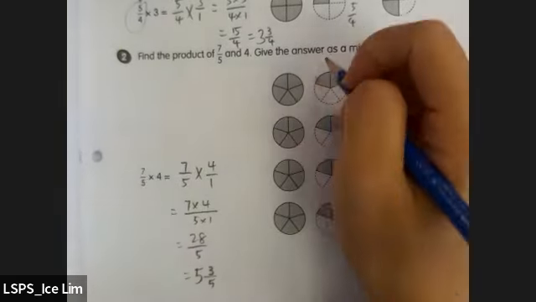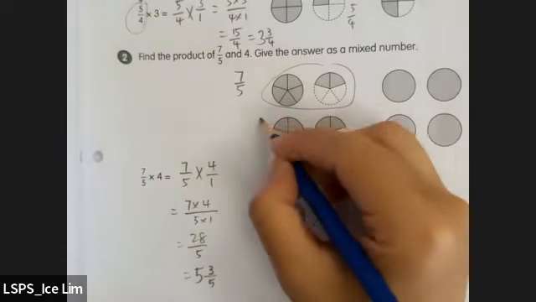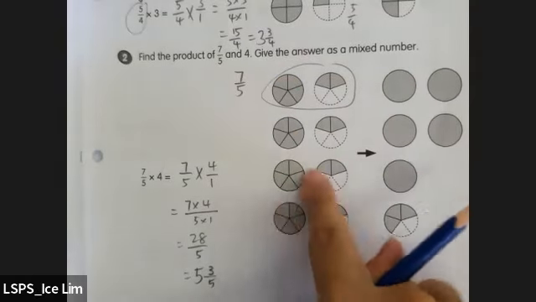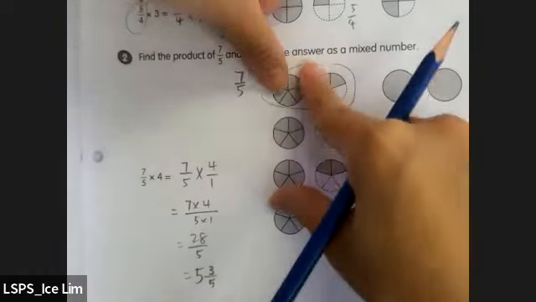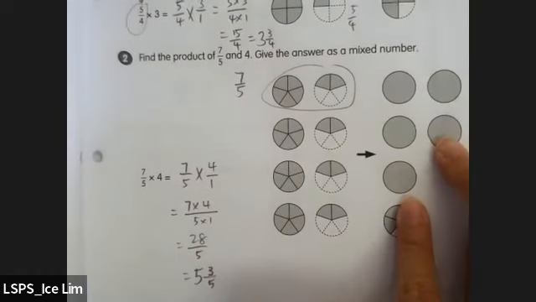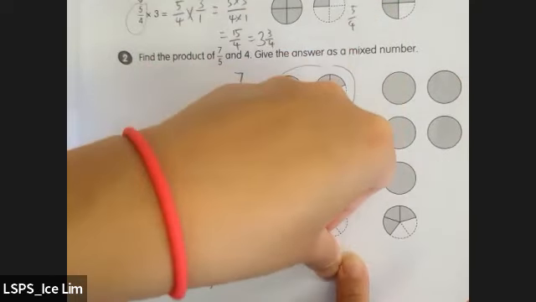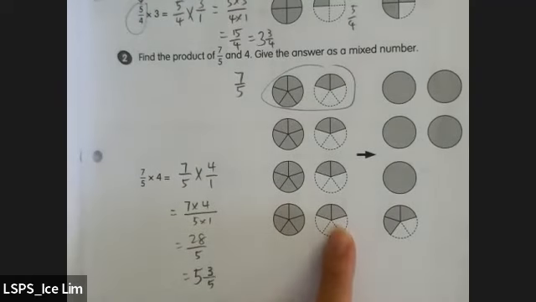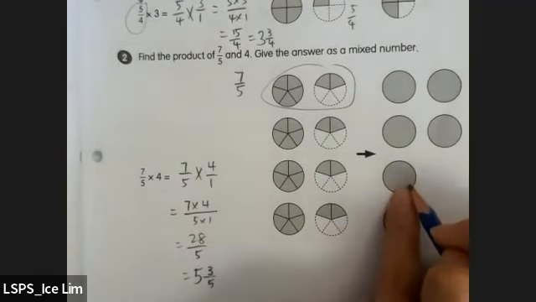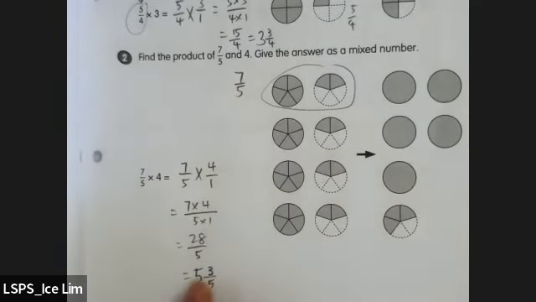One set of 7/5, I multiply 4 times 7/5, 7/5, 7/5, 7/5. I group the wholes and I get 5 wholes. Then I regroup the parts here, and I can make up another whole, and these are the extras. Shortcut step like this. Is it okay?